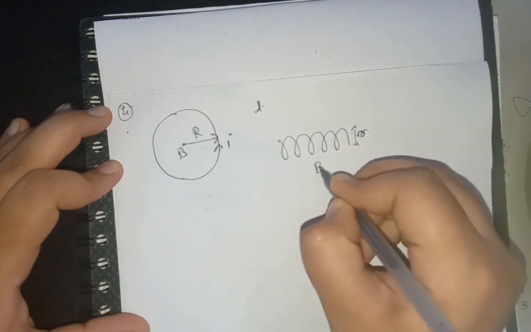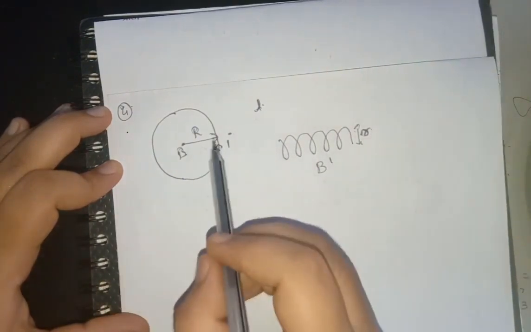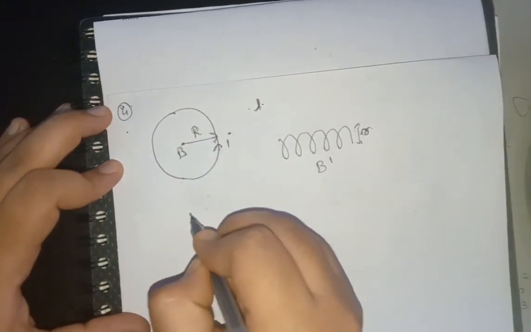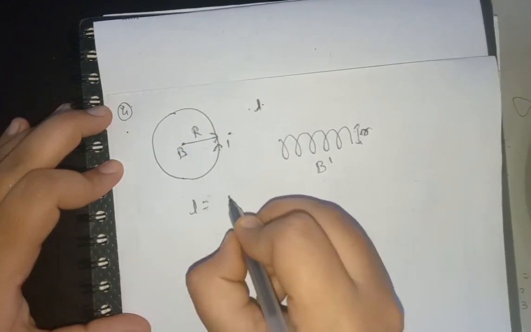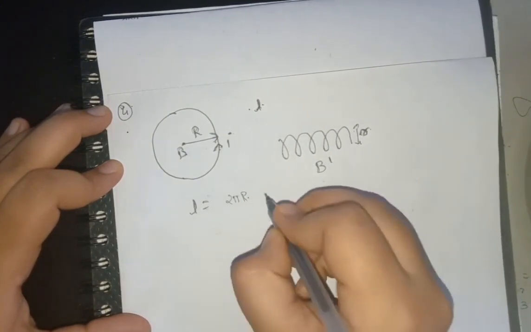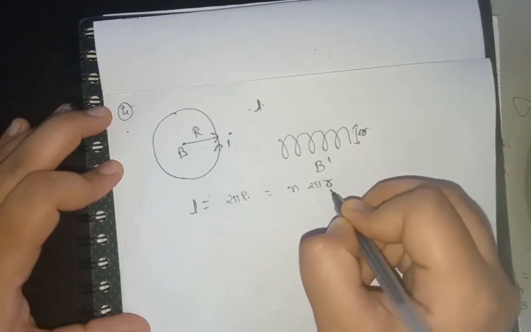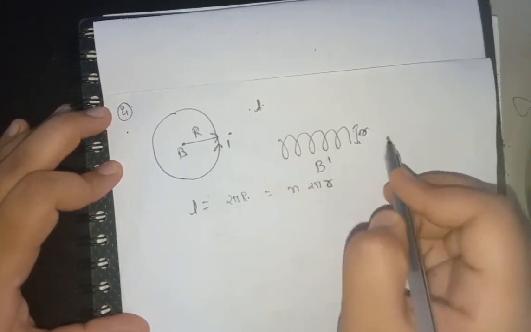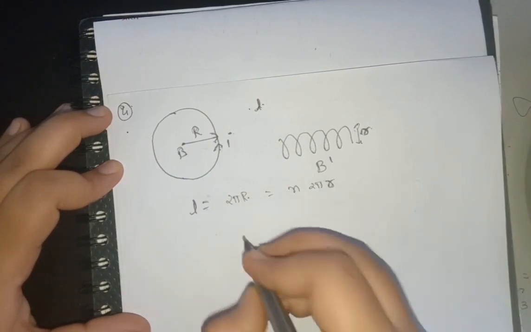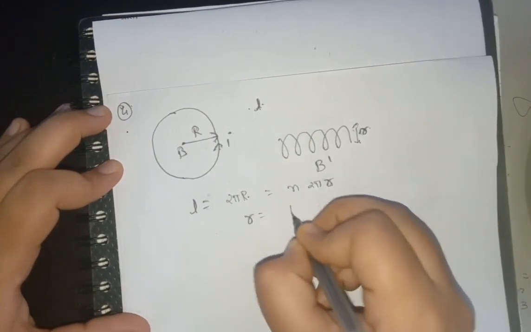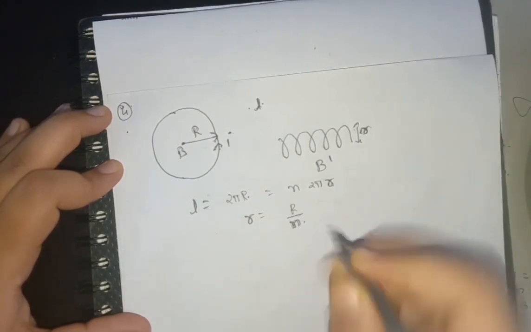Let's say the magnetic field is B dash. Here length is constant, so we can write L equals 2 pi R equals n times 2 pi r, where small r is the radius of the n loops. From this we can write small r equals R by n.